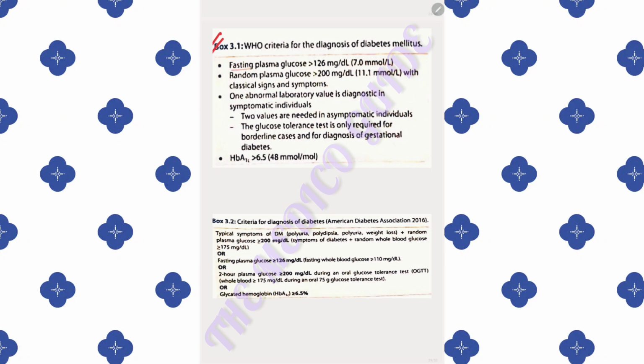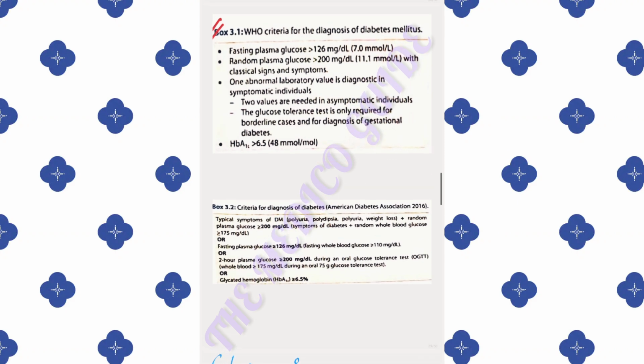So WHO says the fasting plasma blood glucose, if it is more than 126. These values, my dear students, must be remembered thoroughly by each one of you, so as not to commit any gross mistake even in your exams or in your practical life. So if the fasting plasma glucose level is more than 126, we say it is a patient of diabetes mellitus.